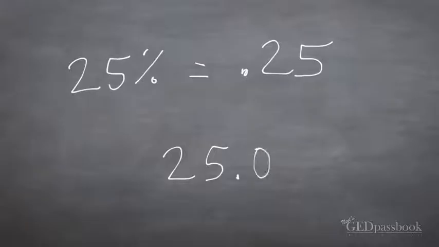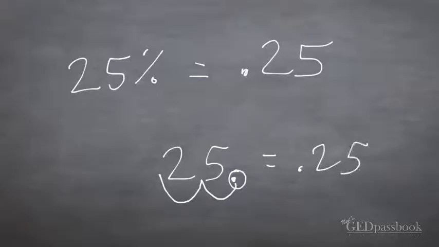Like I said, it has a 0.0000 infinite amount, but yes, it does have a decimal right there. It's just not shown. The thing is, you want to get that decimal and move it. Where do you move it to? If you're converting a percent to a decimal, you move the decimal 2 places to the left. So you physically just get this decimal and you move it 2 steps forward, making it 0.25.